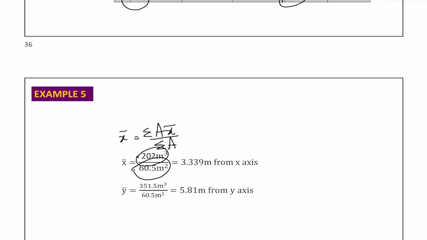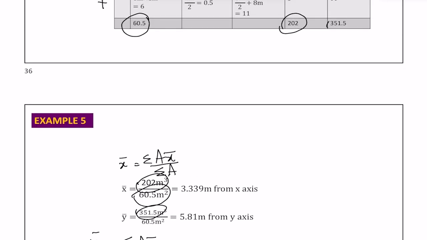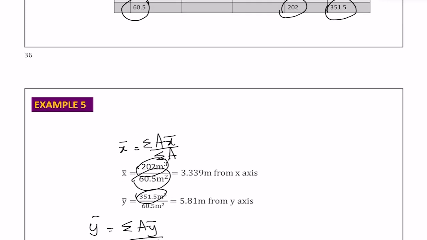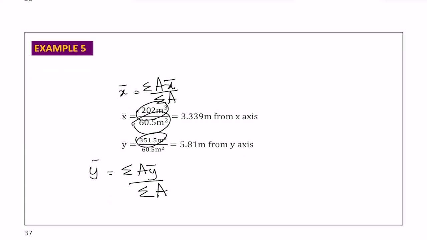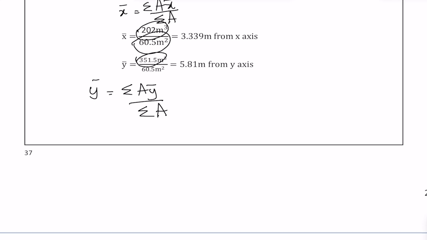Same goes with the y bar. Y bar will be total of A y bar divided with total area. So just take from your table the value of total A y bar divided by total area. Then you can get the value of x bar 3.339 meter from the x-axis.